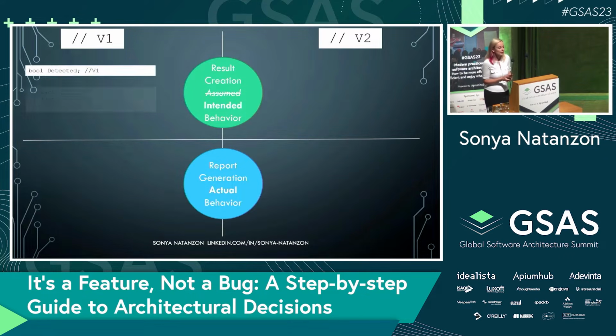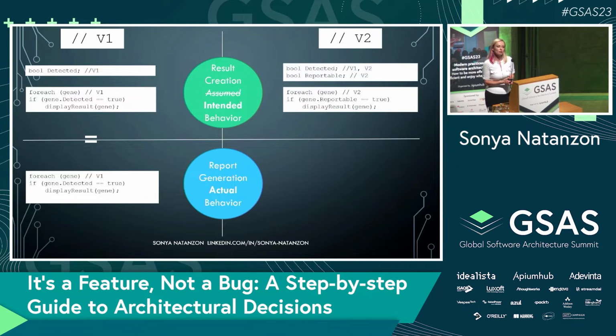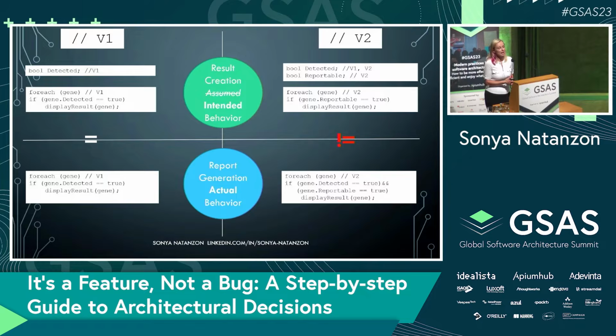And what we find is that for V1 reports, the behavior intended by the result creation domain and the behavior implemented by the report generation domain is identical. We're using detected. But for V2, the behavior intended by the result creation domain, which is to use reportable only, and the behavior implemented are not the same. We're using a combination of detected and reportable. So we know they're different.